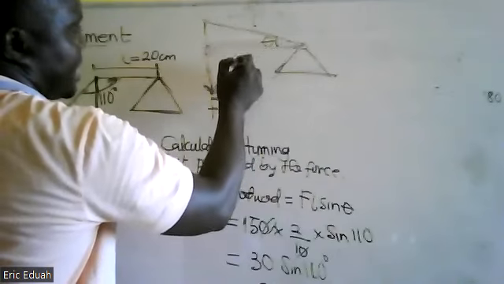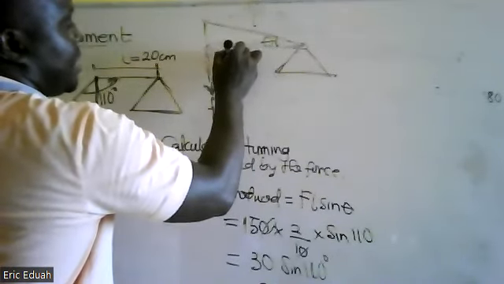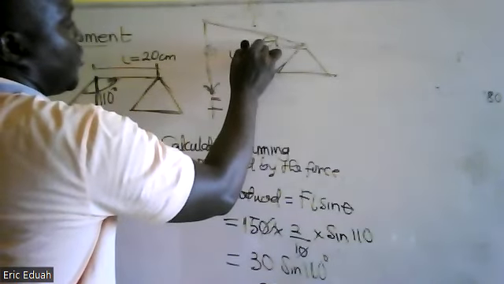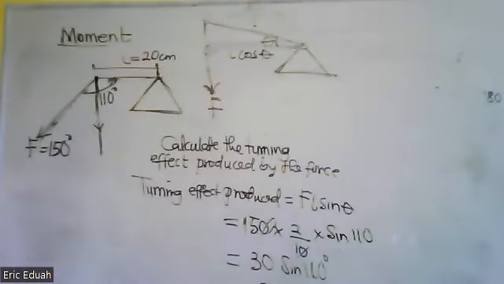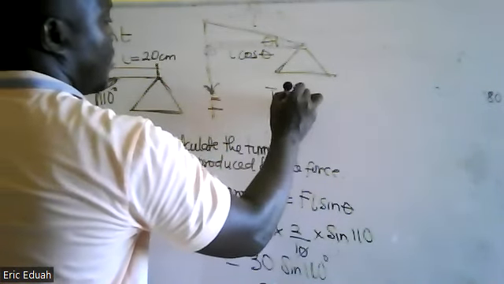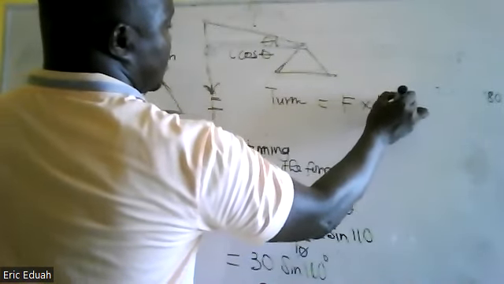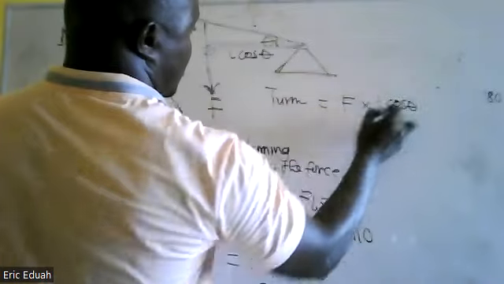If it's about this, then the component that will be perpendicular to the force will certainly be L cos of theta. And so the turning effect therefore becomes F times L cos theta.